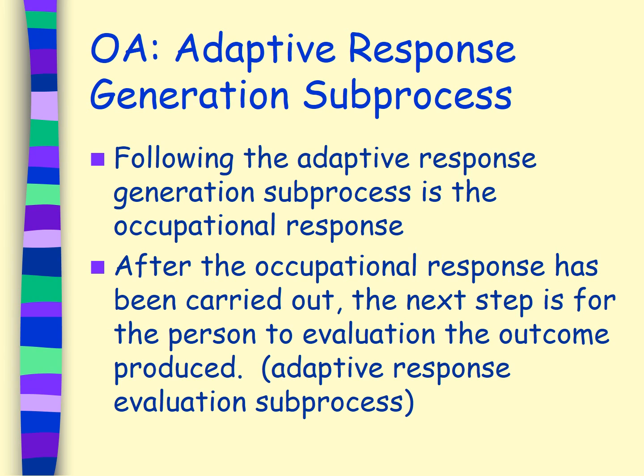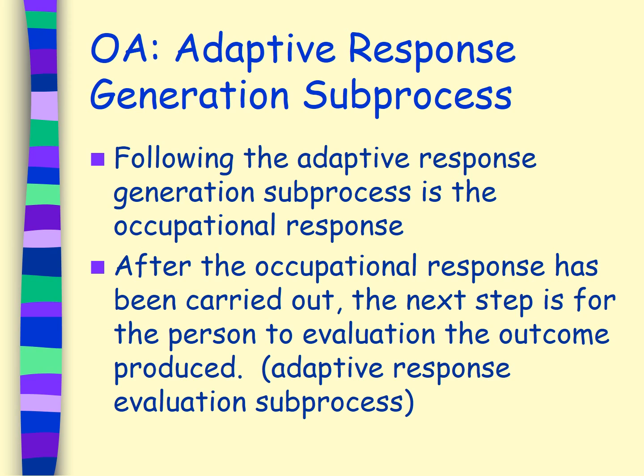Okay, and this is part 3 of occupational adaptation, and we just finished talking about the adaptive response generation subprocess and the adaptive gestalt. Following this, you're going to have some sort of an occupational response.